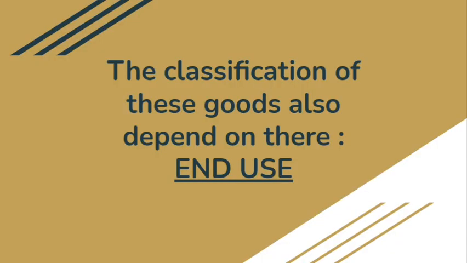So the classification of goods here also depends on how we could classify a good into a capital or a consumer good. So it also depends on the end use of that product.